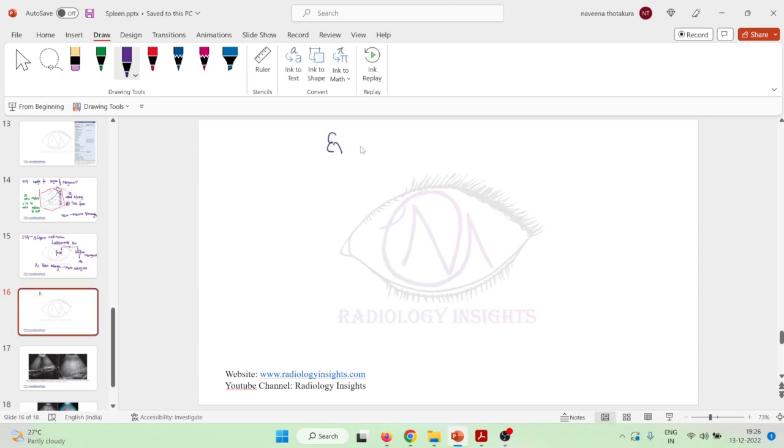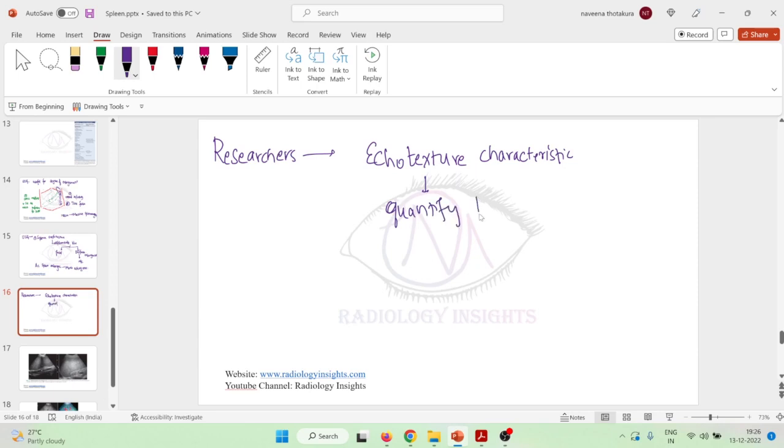Based on the echo texture characteristics, they tried to quantify the degree of fibrosis in the liver and spleen.